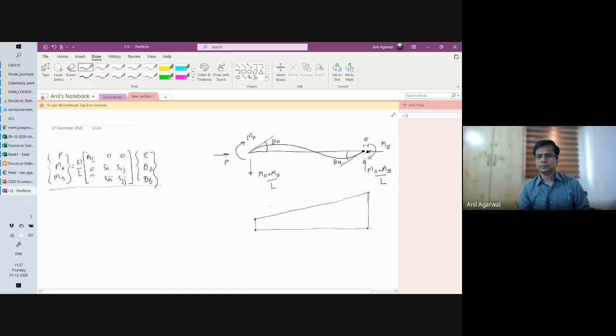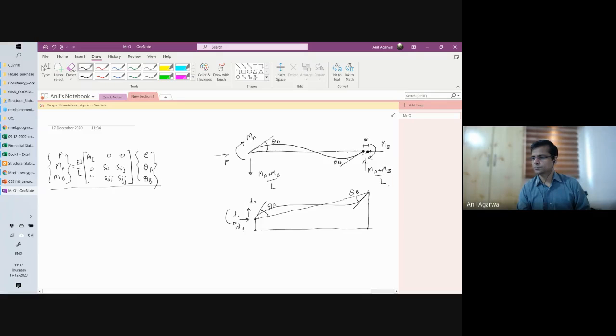Okay. And then this is the secant line that I've just drawn. And then with respect to the secant line, the member will have these deformations. Again, we will call them theta A and theta B. The degrees of freedom that we traditionally deal with would be D1 in this direction, D2 in this direction, and D3 in this direction.